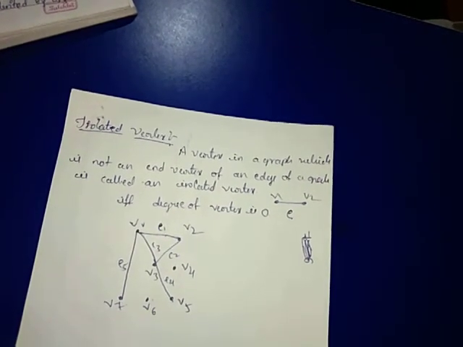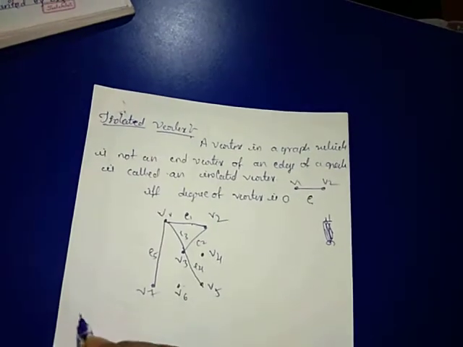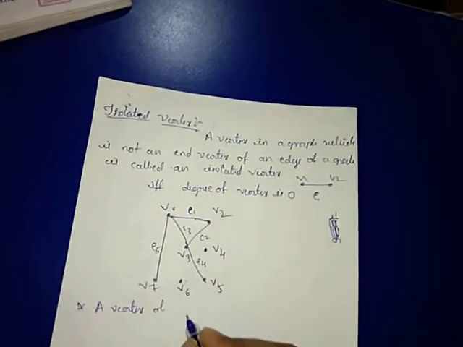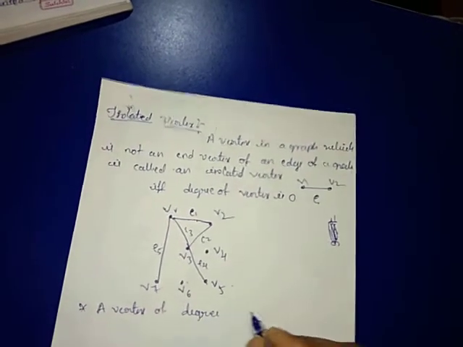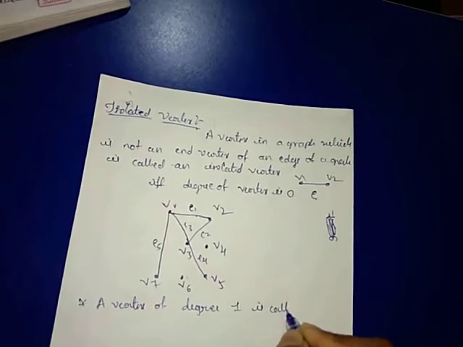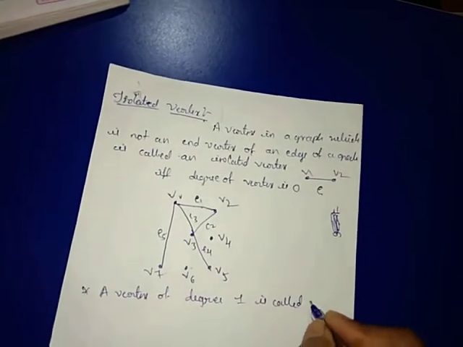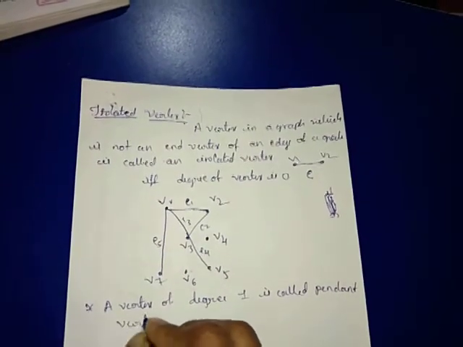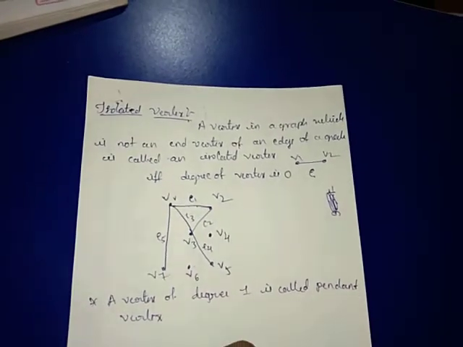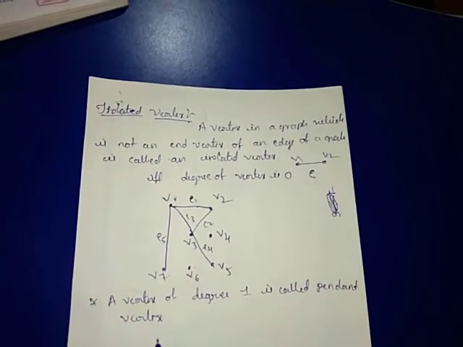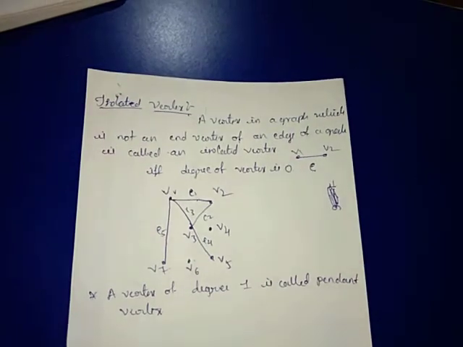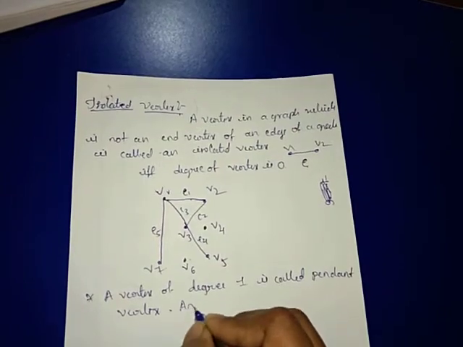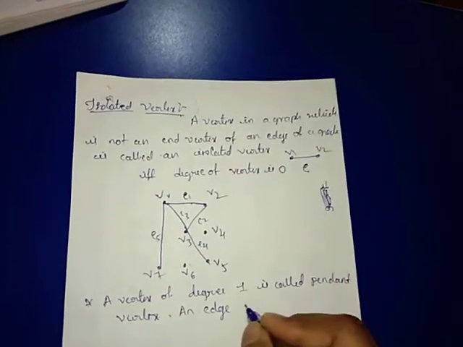See here, a vertex of degree 1 is called a pendant vertex. An edge incident on a pendant vertex is called a pendant edge.